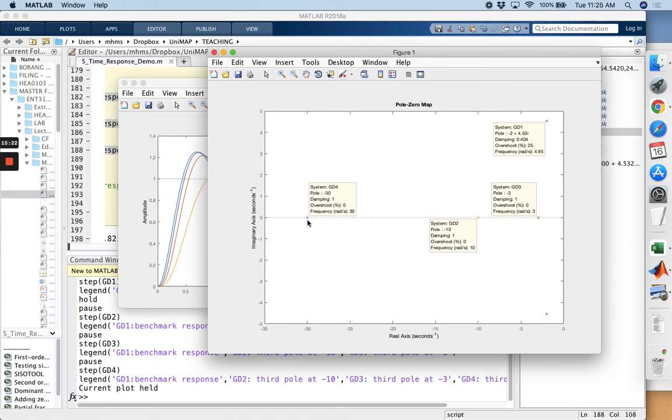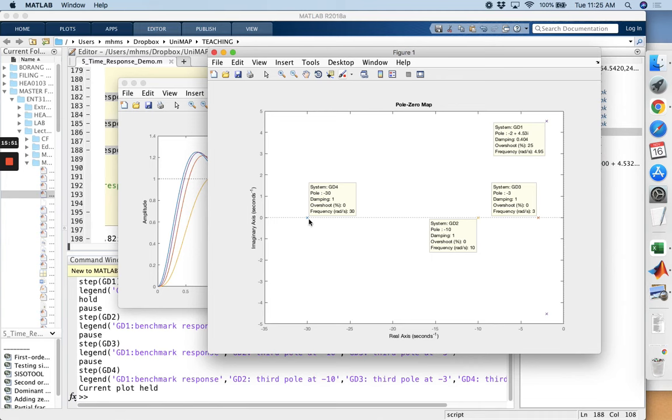The ratio of this third pole to the dominant poles is negative 30 divided by 2. We only take this real axis pole, negative 2 here. So 30 divided by 2 is 15. The distance of this third pole to the dominant poles is 15 times.